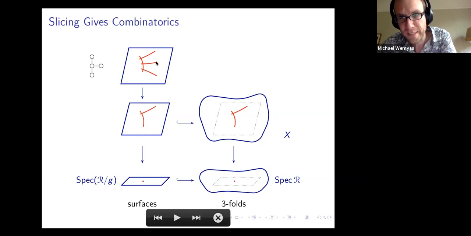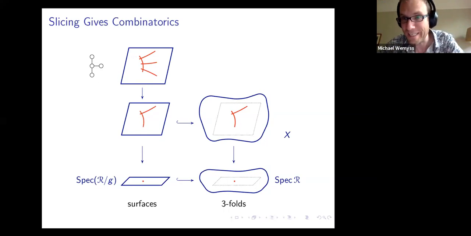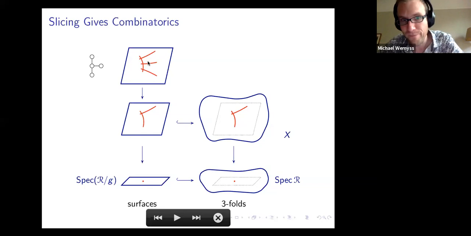This curve intersects with this curve, so I draw a line there. And this curve intersects with this curve, so I draw a line there. And if you look at this and maybe tilt your head sideways, it becomes a D4 Dynkin diagram. And to get from there to there, I just have to tell you which curves to keep. And so this curve and this curve are kept, and so those are the curves.